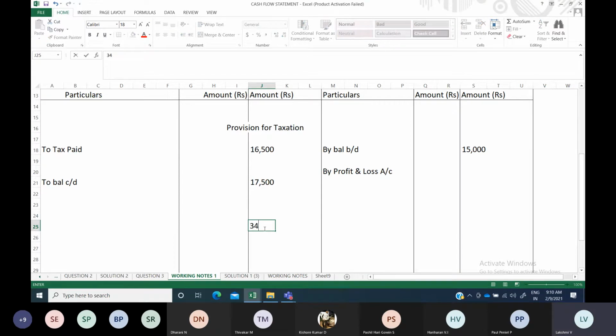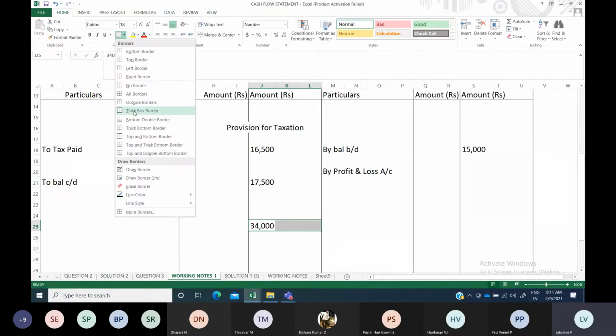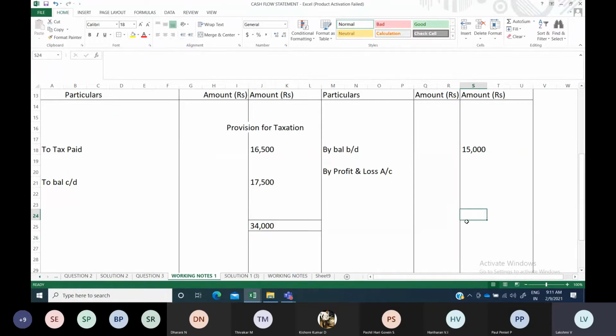Just find out whether you are getting the same, 34,000. So the higher amount is what you enter on both sides of the debit and credit. Okay, so 34,000 here also you will be entering.